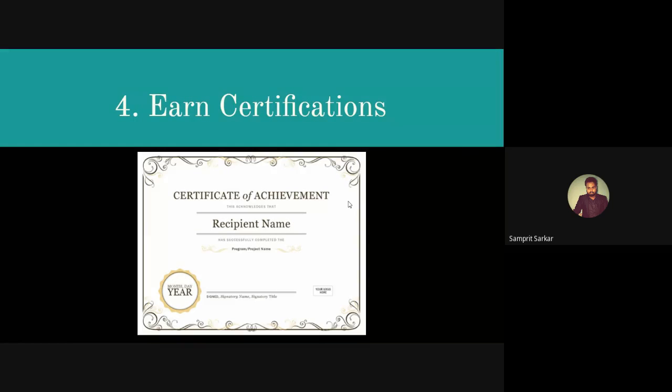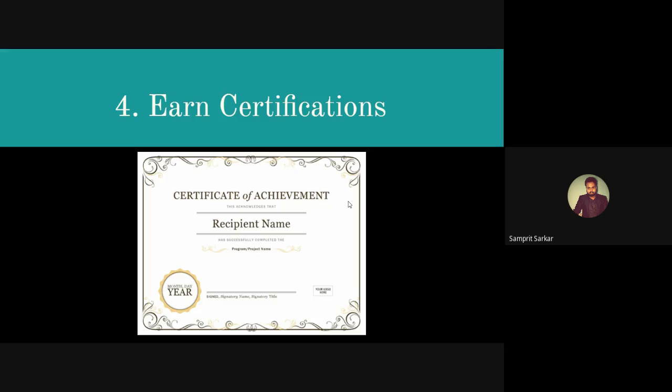Next is to earn a good number of certificates. There are lots of training institutes in this era that provide free certificates. Don't just directly go to institutes that provide certificates for free. If you are just getting the certificate by paying money, your certificate is of no value.